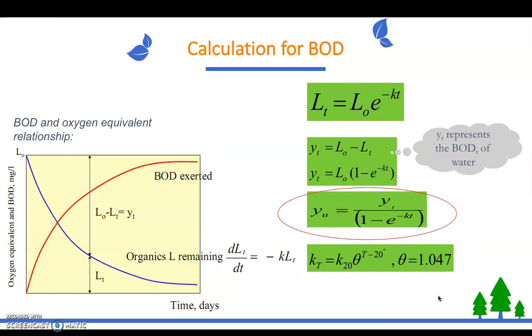K is the reaction rate constant, which may be given at one temperature while the sample is analyzed at another. 20 degrees C is the reference temperature for this equation.